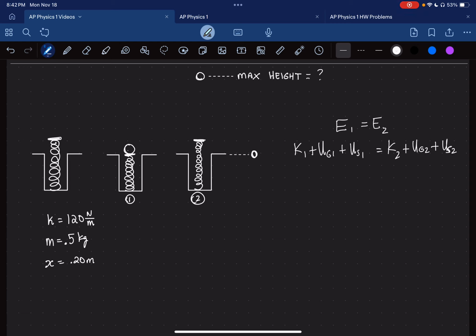The ball is here and is pressed against the spring. There is spring potential energy because the spring is compressed and it's storing energy. The height at position 1 for the ball is 0, so there is 0 gravitational potential energy. And the ball is not moving at position 1, and so K is 0.